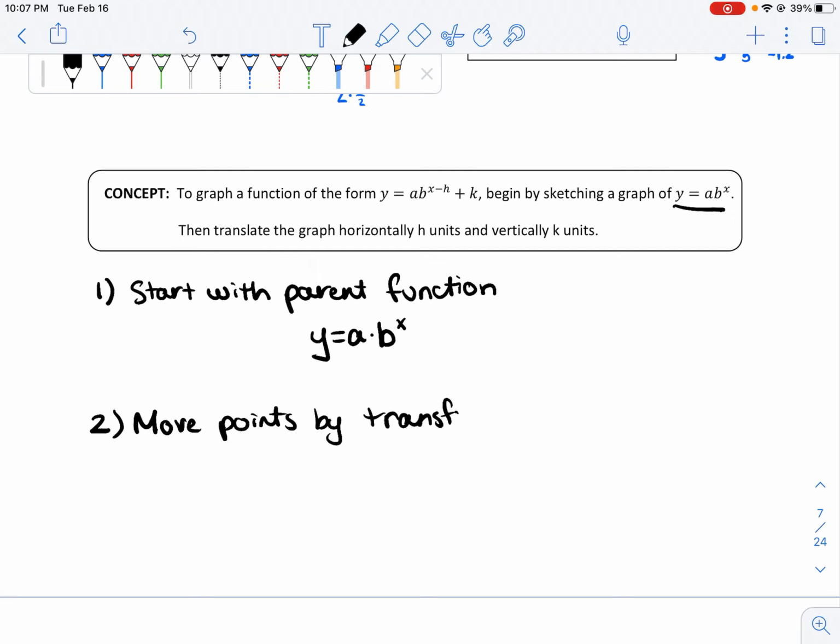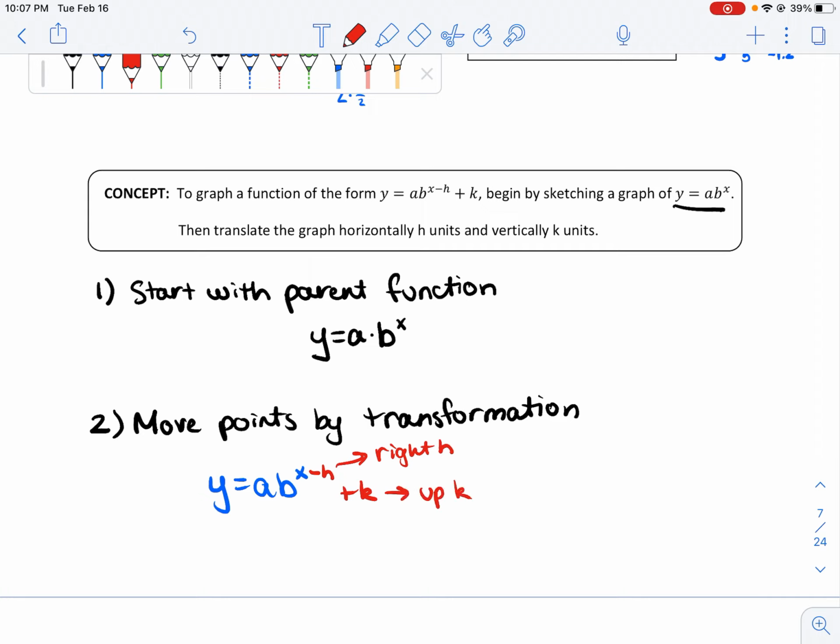And the rules are the same as last week. If you have y equals a, b to the x minus h, plus k, the minus h is going to move right h, however many, and k is going to move up k.